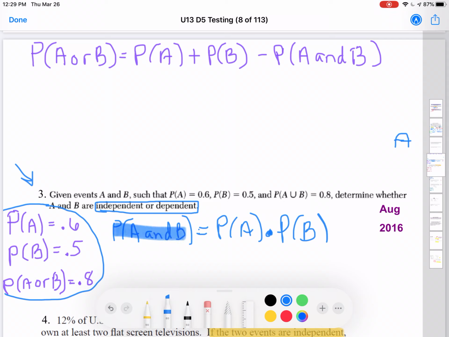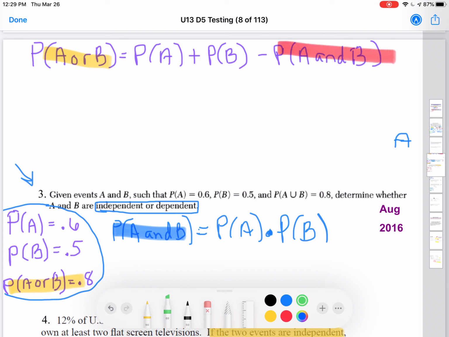I don't have that. So they gave me OR. And even if I tried to use yesterday's formula, you still need AND. So if they give you OR, you need to go up and you need to use the OR formula from day 1. And if I use the OR formula from day 1, won't I be able to find out AND?